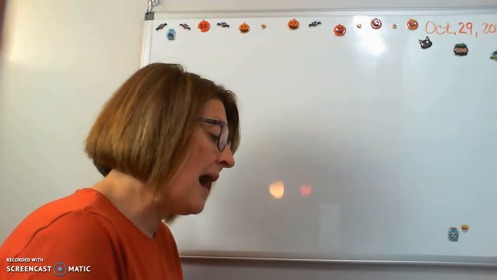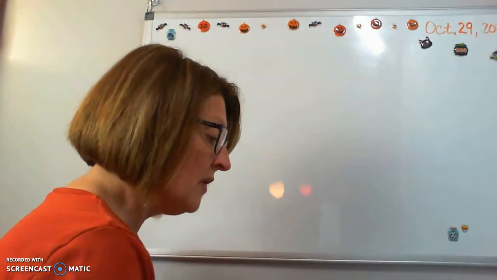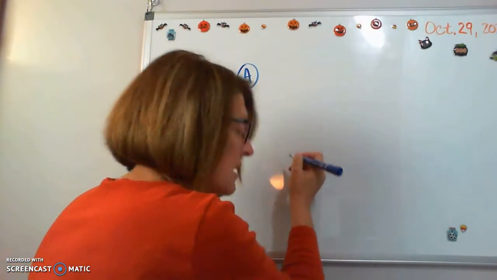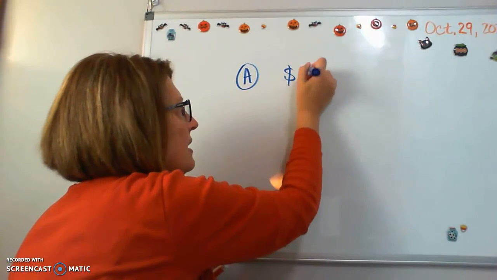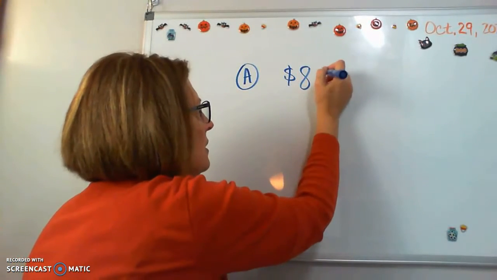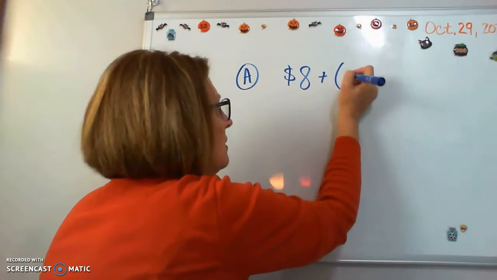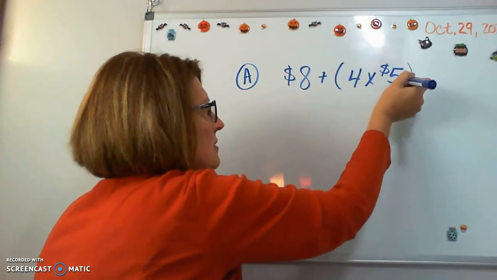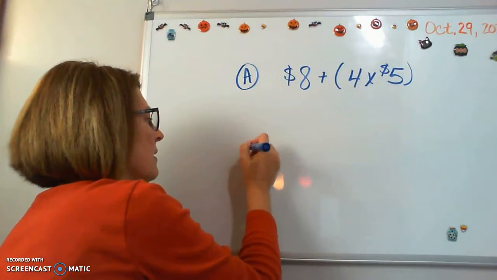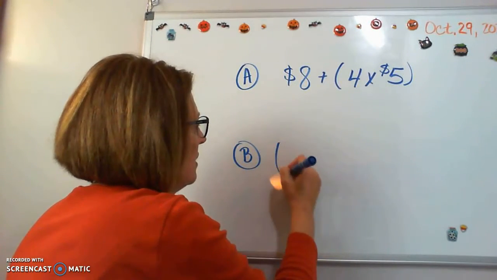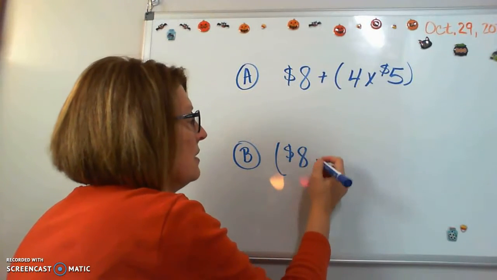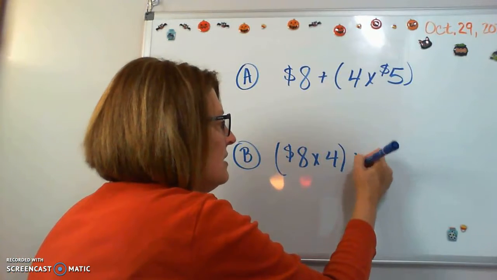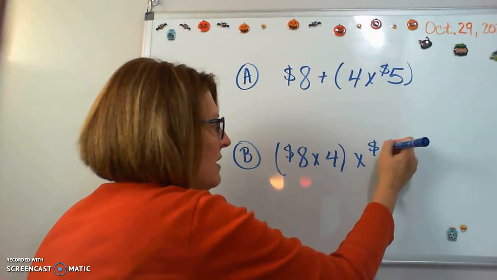So our options to choose from is A. And it's saying it's going to be the $8 plus 4 times the $5. Or B, it's going to be the $8 times 4, then times the $5.